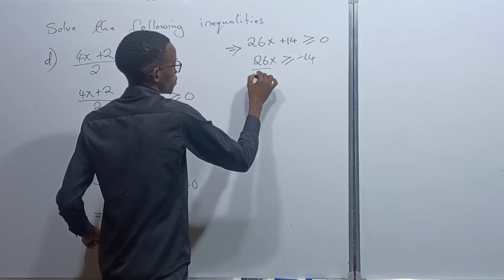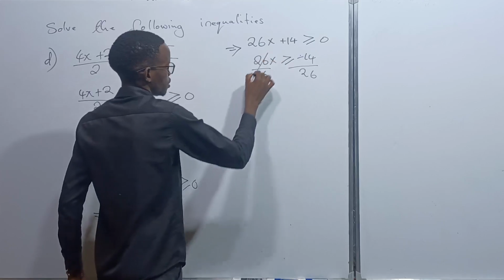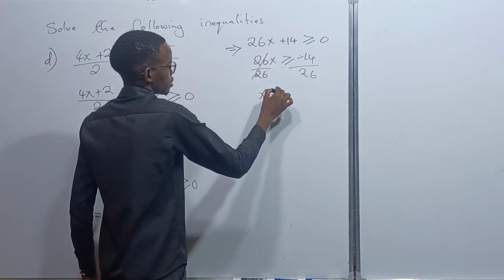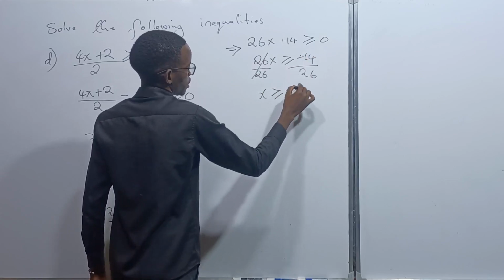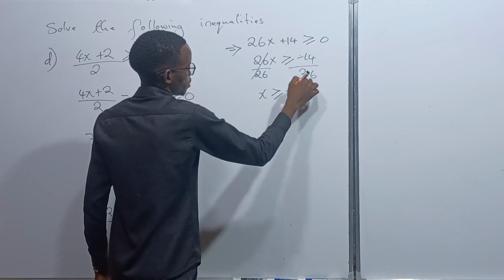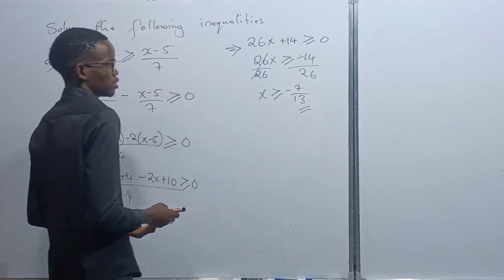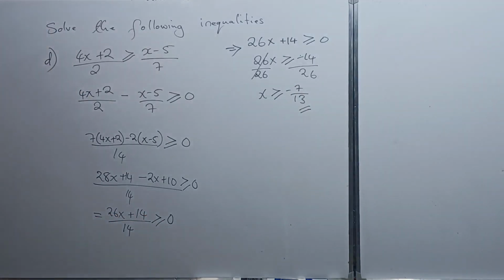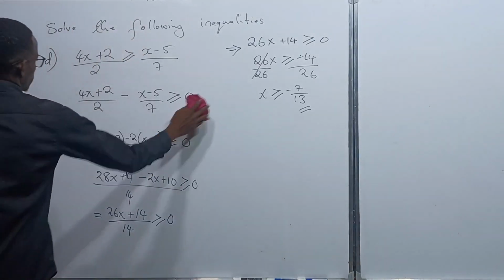So we divide by 26, divided by 26, so this will be cancelled. Then x is greater than or equal to negative 7 over 13. So for that question, our solution is x is greater than or equal to negative 7 over 13.